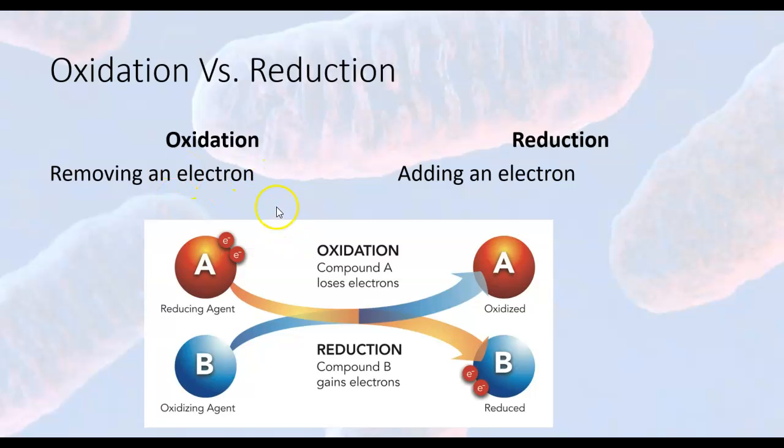Remember, an electron is a negatively charged particle. So by removing an electron, we have actually done something positive. And by adding an electron, we have actually added something negative. I know it seems a little backwards, but an electron is a negatively charged particle, so when you add one, you're adding something negative.